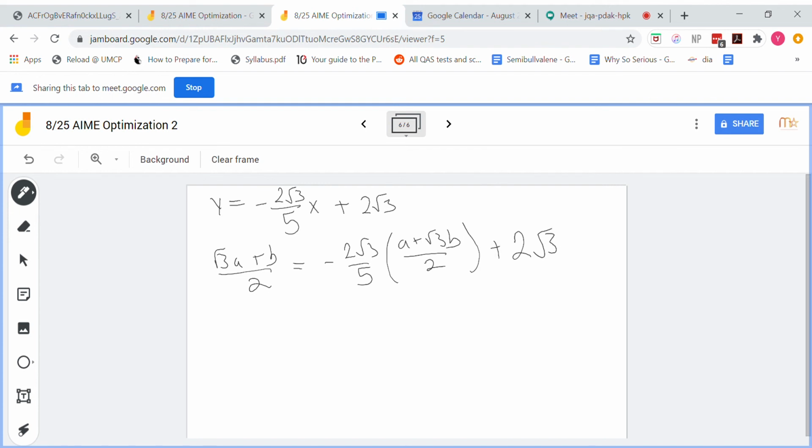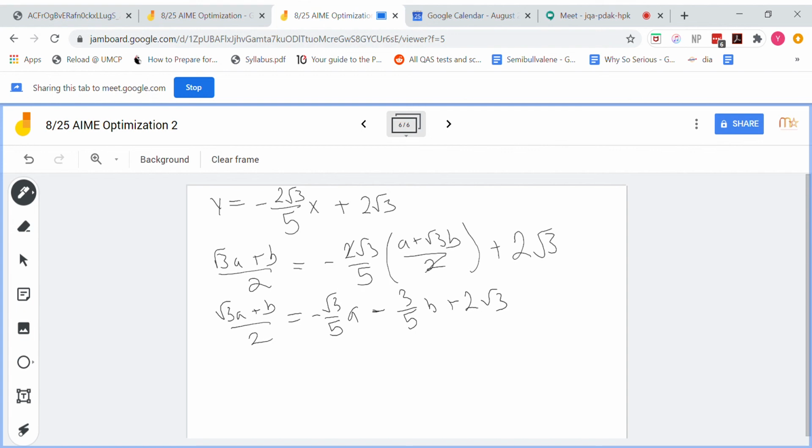Now using this, we can come up with an equation for A in terms of B, right? If we rearrange this, this gives us (root 3 A minus B) over 2 equals negative root 3 over 5 A minus 3 over 5 B plus 2 root 3.